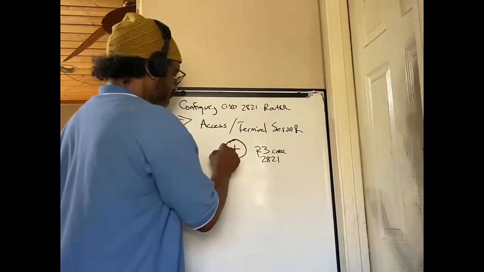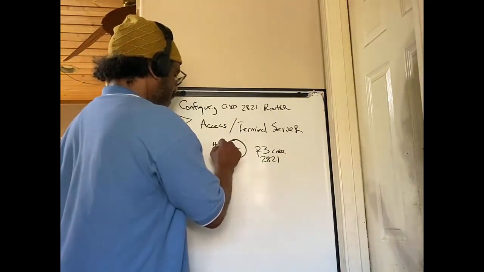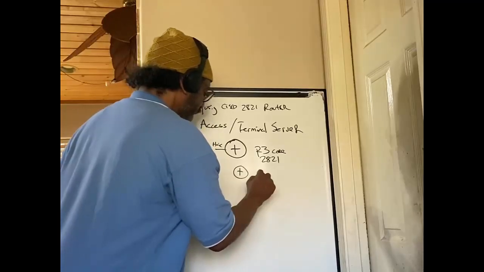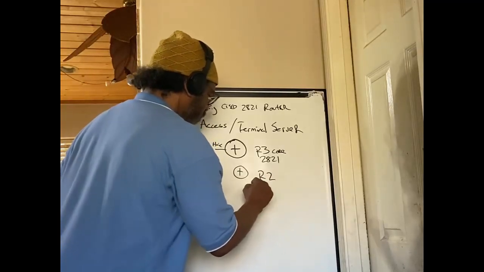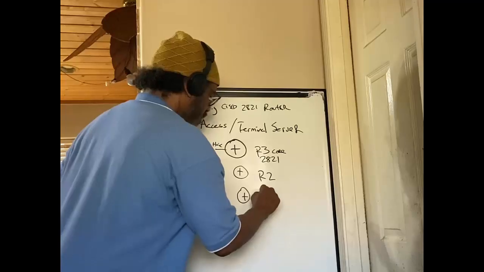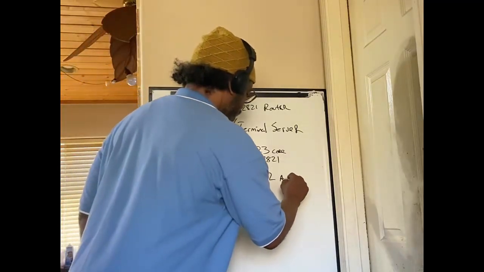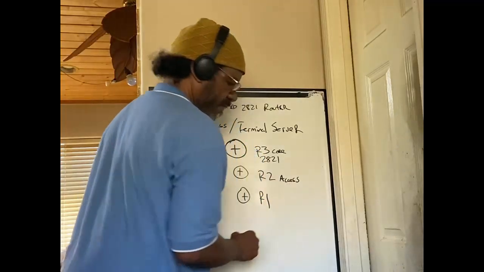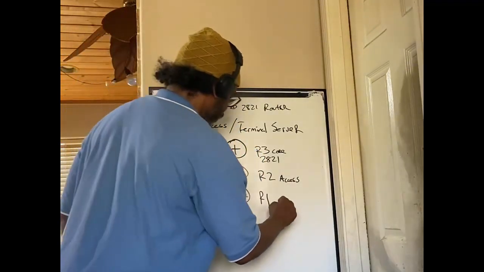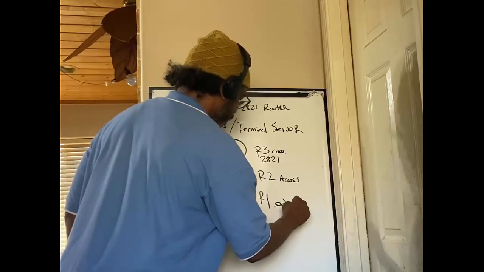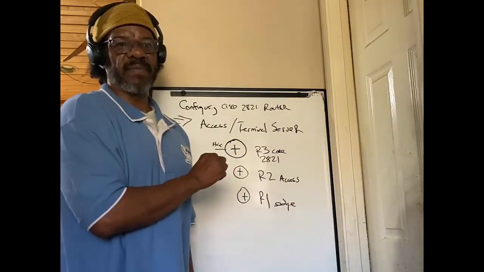We're going to put the HWIC here. And we also have additional routers, R2, and then we have our router R1. R2 is considered to be our access router, and R1 is considered to be our edge router. This is how our lab is set up.